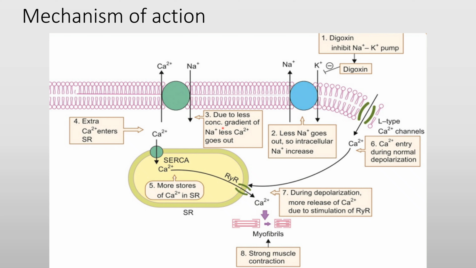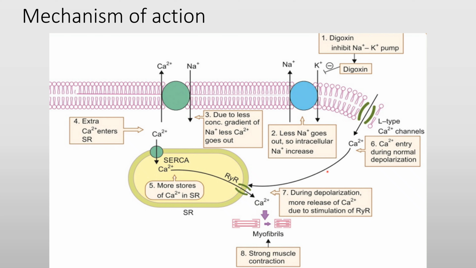Due to the lower concentration gradient of sodium across the membrane, less calcium goes out. This leads to more accumulation of calcium in the cytosol. So extra calcium enters the sarcoplasmic reticulum, giving more stores of calcium in the sarcoplasmic reticulum.